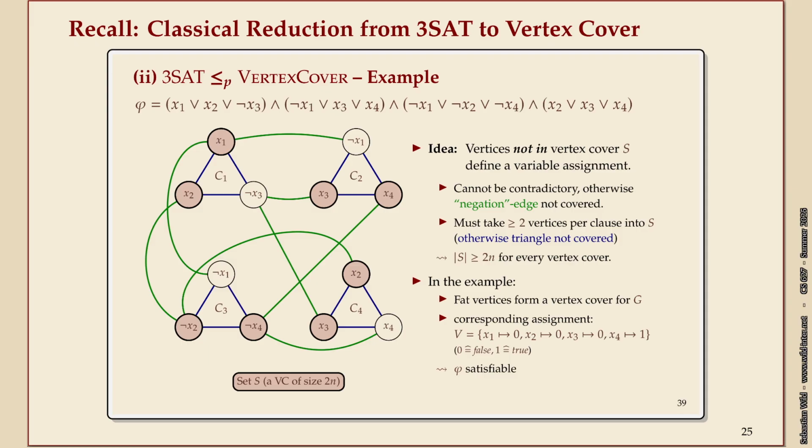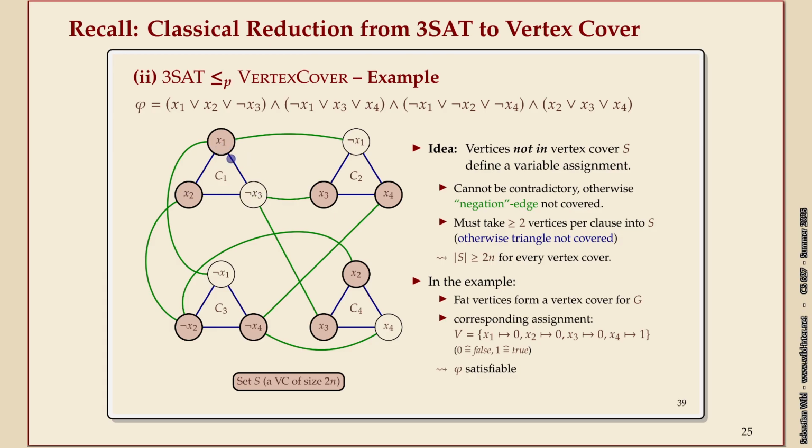We talked about classical reductions. It's also one that you'll have seen maybe in some other places or in Karp's paper. It's reducing 3-SAT to vertex cover. And it's just shown on an example. Here's some 3-SAT formula, and you can turn that into a graph where, for every clause, you make a triangle with the vertices containing the literals of the clause.